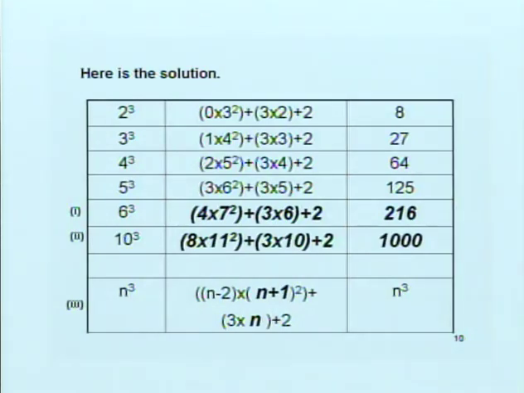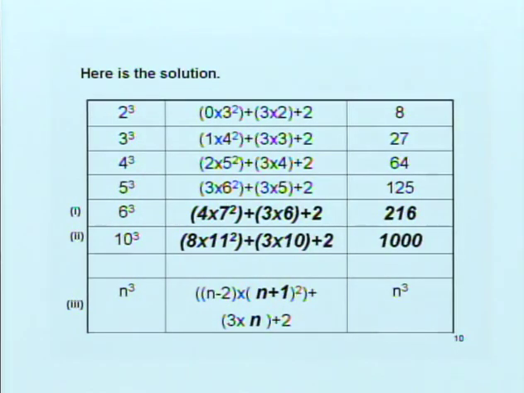When that is worked out, we have 216. 10 cubed can be expressed as 8 times 11 square plus 3 times 10 plus 2. When that is worked out, it is the same as 1000.